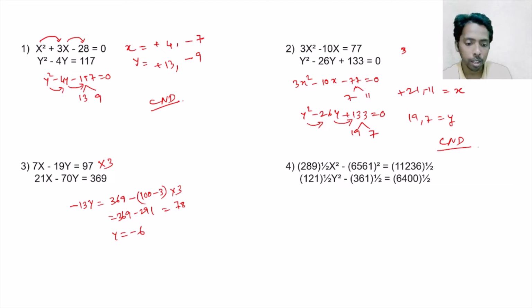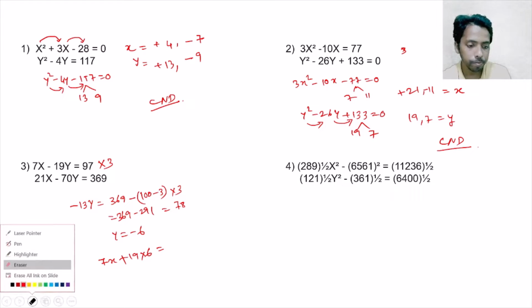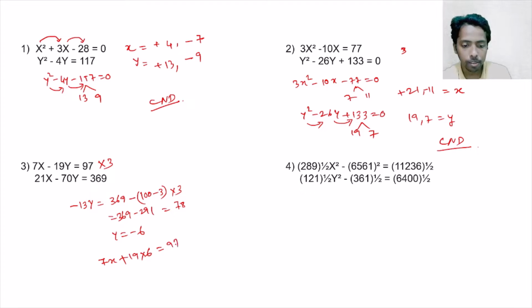Understood? Now 7x minus 19 into 6, because a negative sign is already involved in the value of y, we have to add here, and this is equal to 97. So 97 minus 114, 6 into 19 is 114.